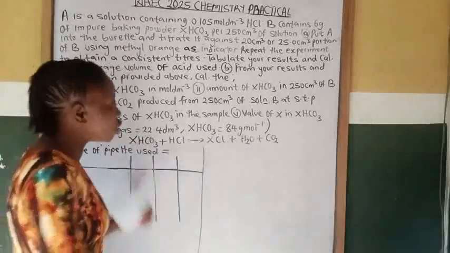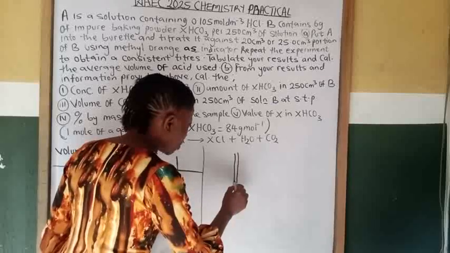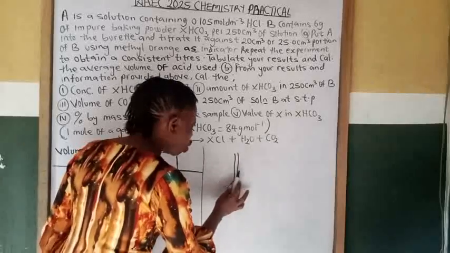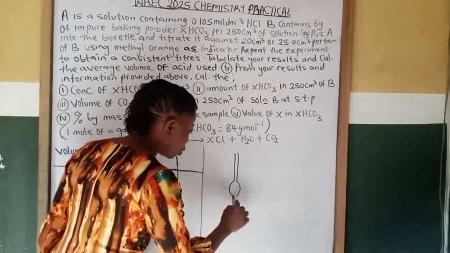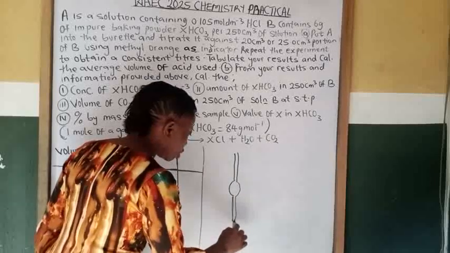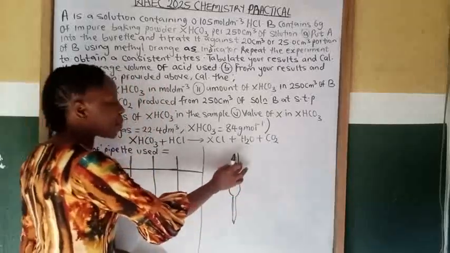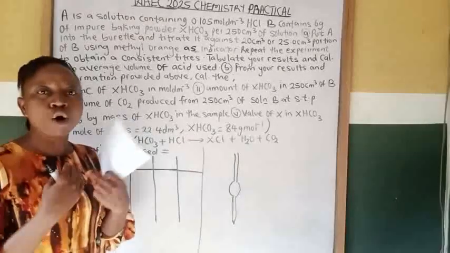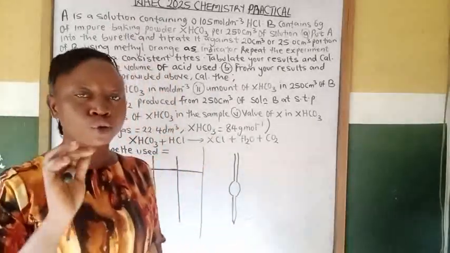So check your pipette. Check the volume of the pipette that you are using in your school, or ask your subject teacher what the volume of your pipette is. It can be written on the side or the upper part of the pipette. My own pipette is 25 centimeter cube, but use your school's pipette.